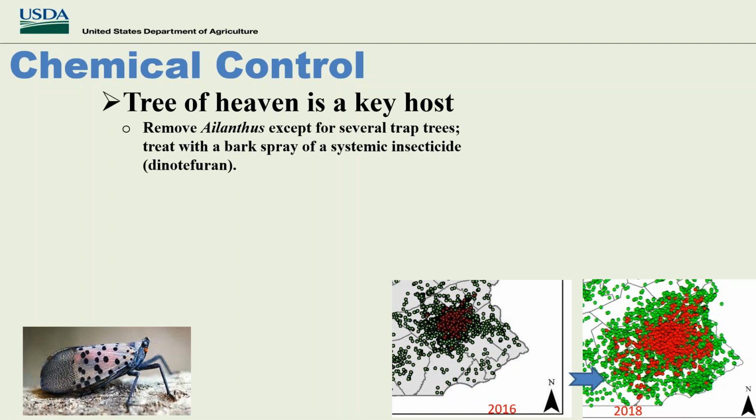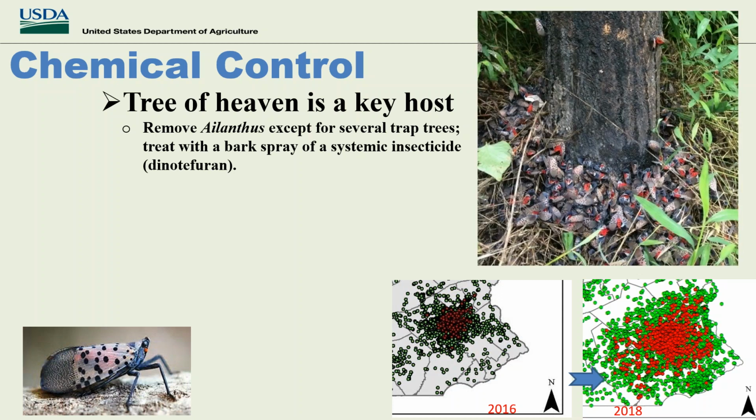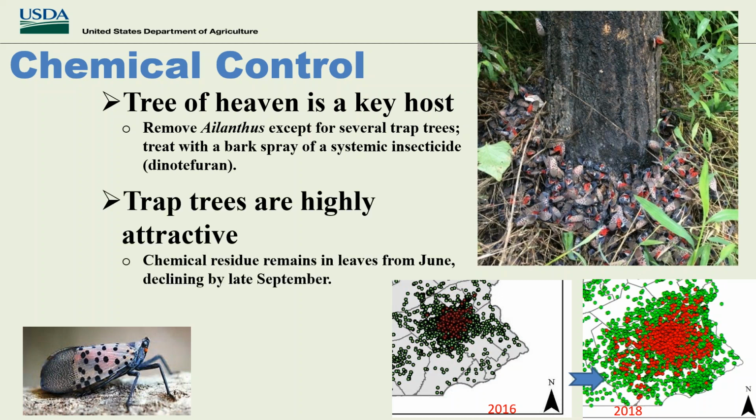So as I mentioned before, Tree of Heaven is a key host. So the approach initially through the Pennsylvania Department of Agriculture, who did a lot of control activities, was to do a trunk application, a bark spray application of Dinotefuran, which is a systemic insecticide. And it worked very well. We see large amounts of insects falling out of the trees and forming at the base of the trees.